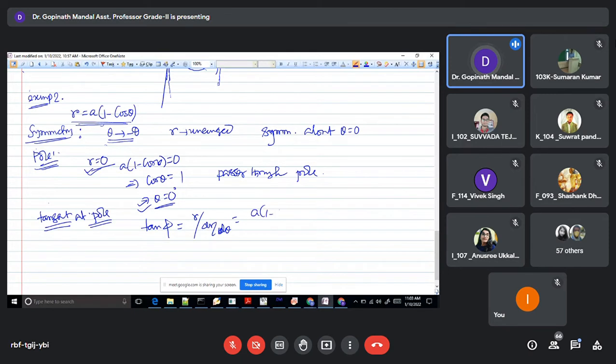So a into 1 minus cos theta over a sin theta, which is 2 sin square theta by 2 over 2 sin theta by 2 cos theta by 2, that is 2 cancel, tan theta by 2.